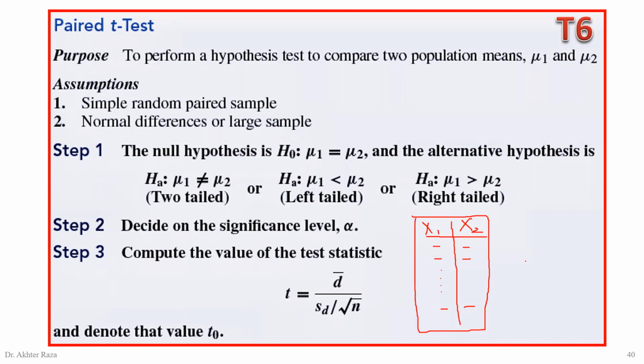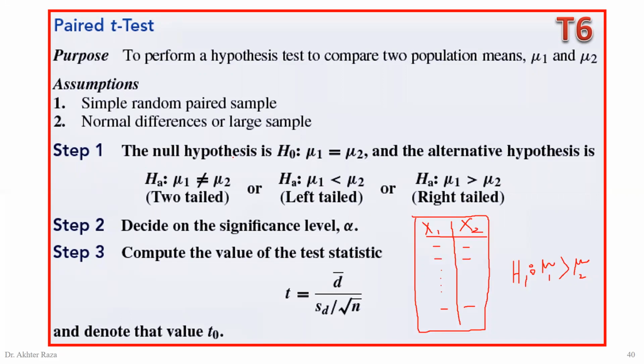So if the weight is smaller, it means H1 will be what? H1 will be that mean 2 is significantly smaller than mean 1. These types of scenarios are referred to as paired sample and dependent sample, and the paired sample t-test will be used to solve this problem.